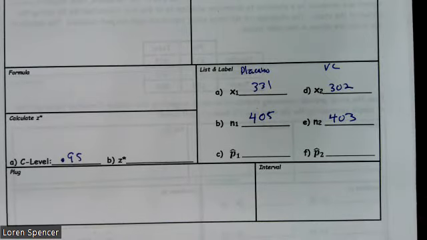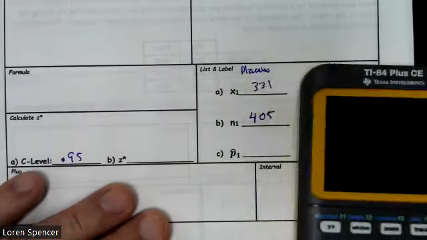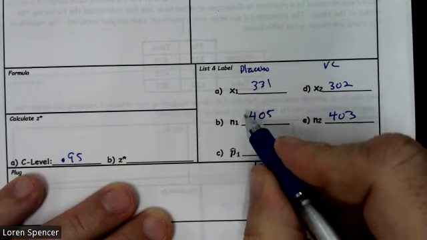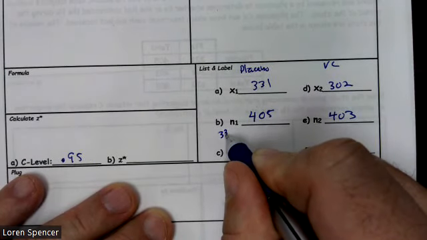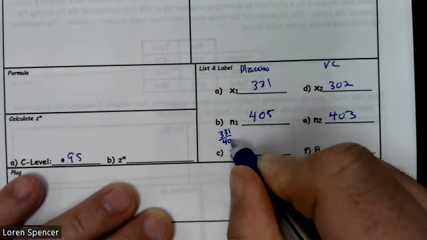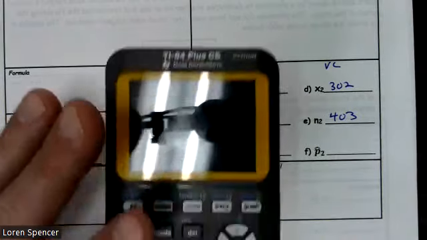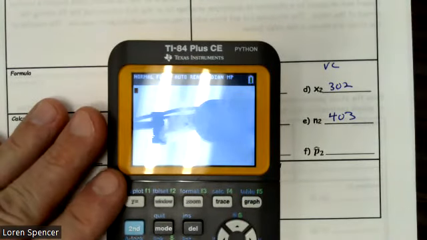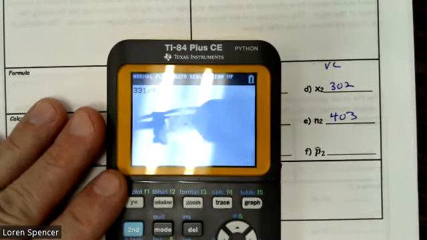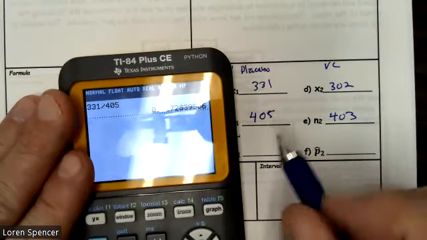From this, I can get p hat 1 and p hat 2. So p hat 1 is 331 divided by 405, and that's 0.8172.